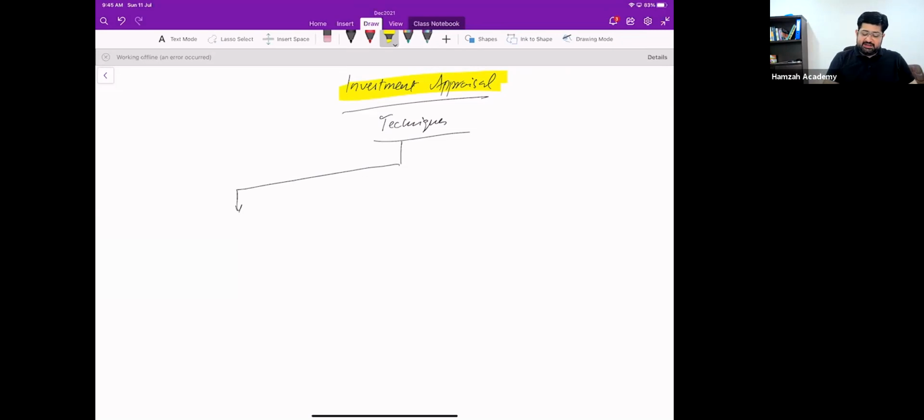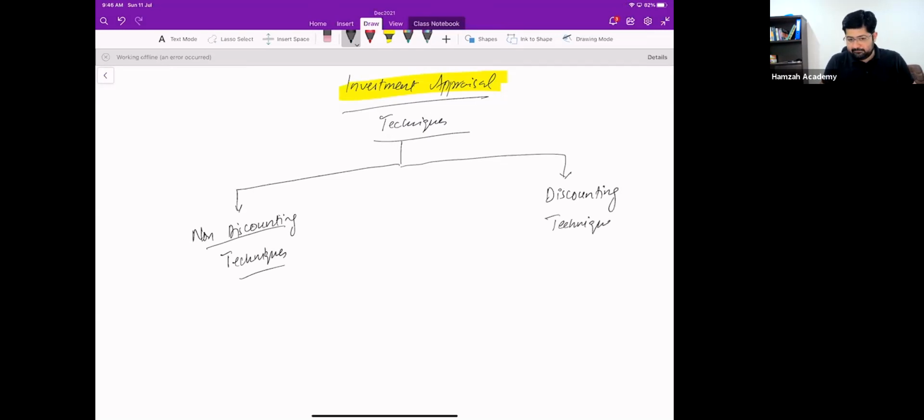They are called investment appraisal techniques. We can classify them into two types: non-discounting techniques and discounting techniques.